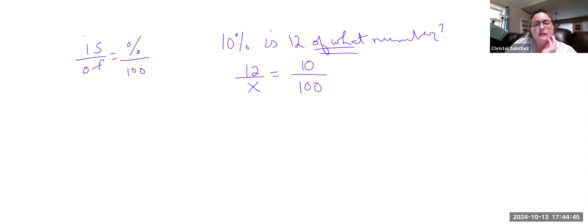Okay. So remember, since it's a ratio, because it's got that equal sign, we're going to cross multiply. If we think about what we just talked about, if I'm multiplying, I can count these 2 zeros. 1, 2. And I'm just going to add them. I'm going to move 2 places to the right, which is going to give me 1200.